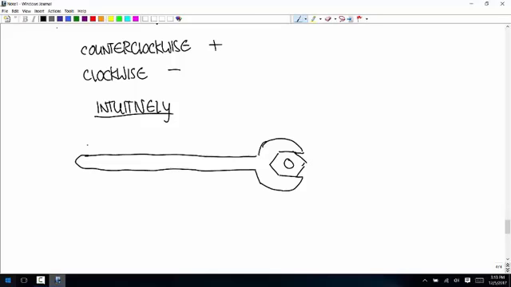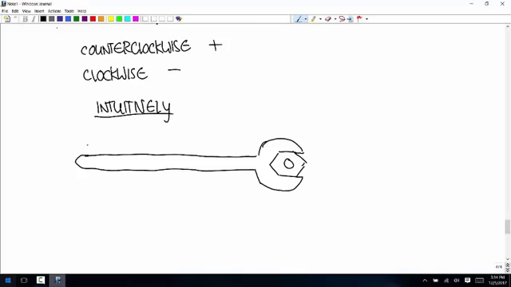And that's the relationship that the moment calculation gives you. It's not just the force. It takes into account the force, because the harder you push, the more likely you are to turn it. But it also matters how far from the axis you apply that force.